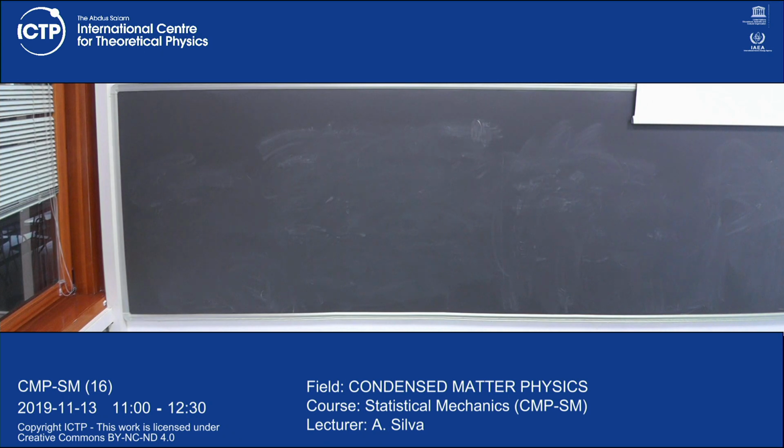Now, so this is the analog, if you want, of the Liouville equation in classical mechanics for the phase space density. Suppose that we want to ask the following question.